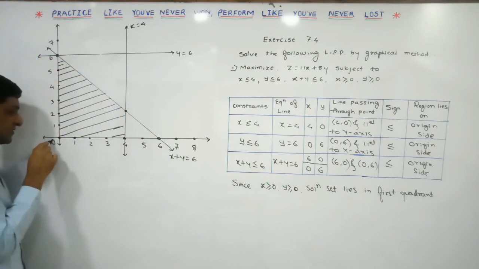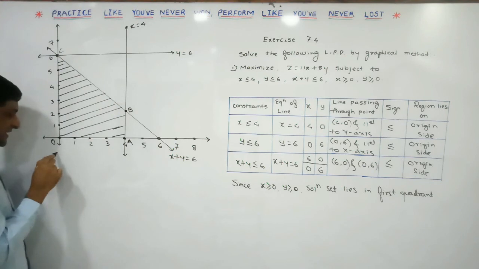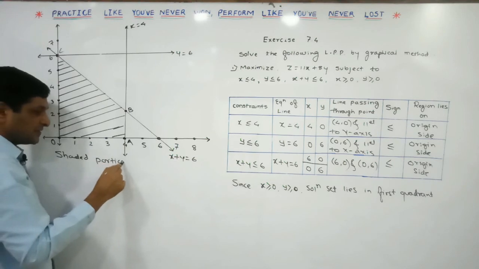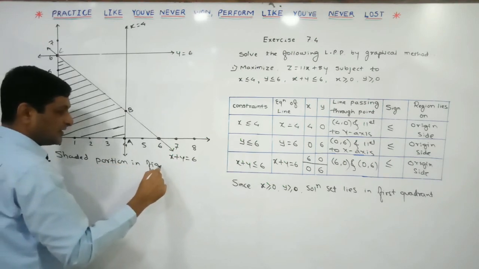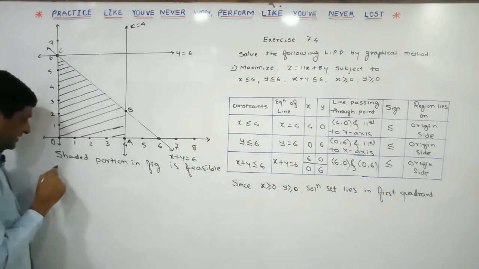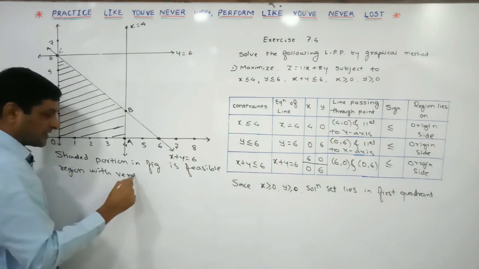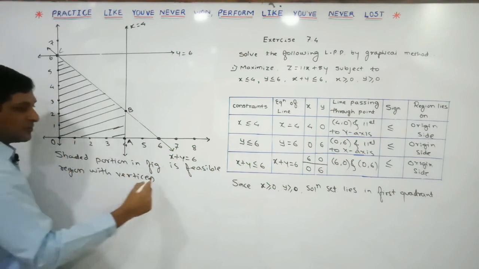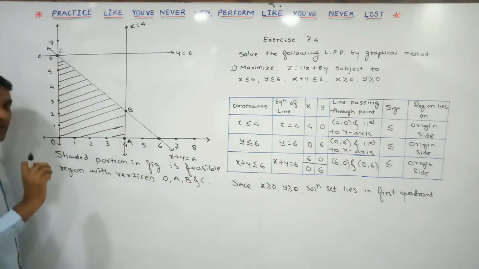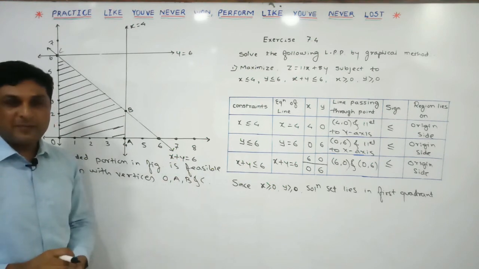So denote its vertices by O, A, B, C. Here we can say that the shaded portion in the figure is the feasible region with vertices we have denoted by O, A, B and C. Vertices means these corner points, and that's why this method is also called the corner point method.